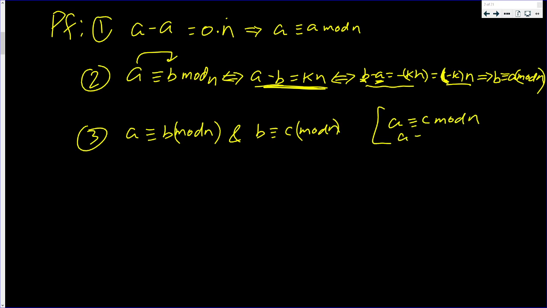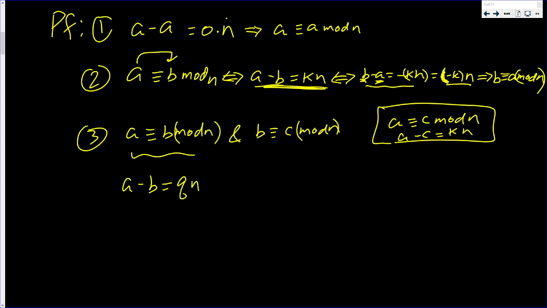That means that a minus c is some multiple of n. That's kind of on the side. Well, this here tells me that a minus b is Qn. This here tells me, I'm going to put it underneath, that b minus c is Rn.